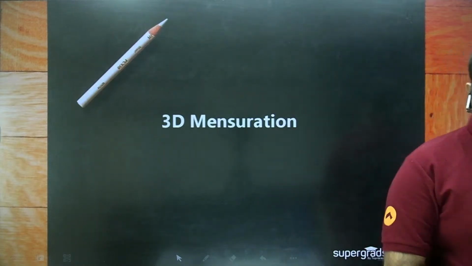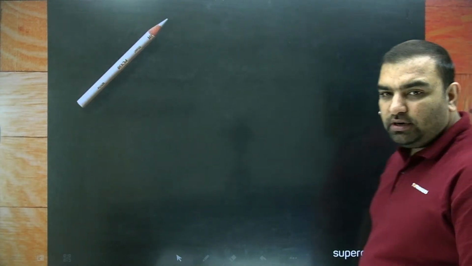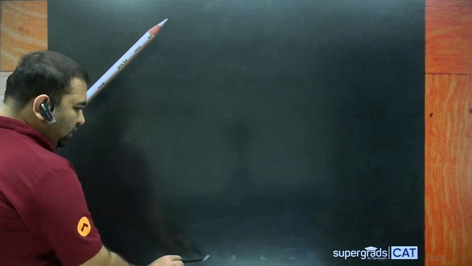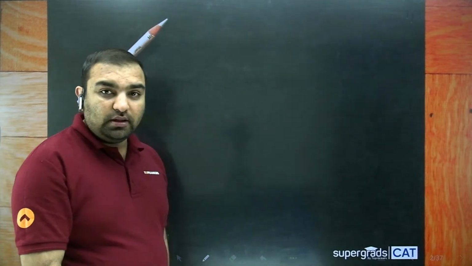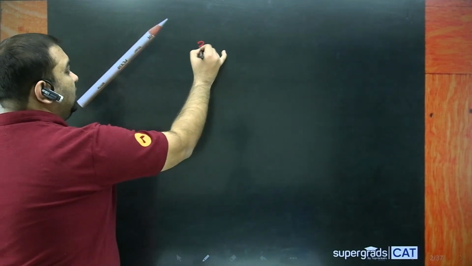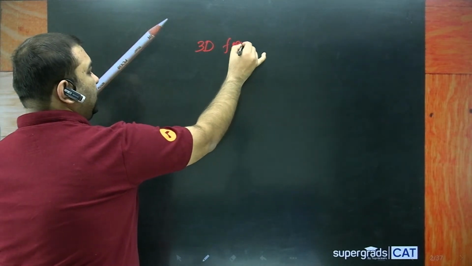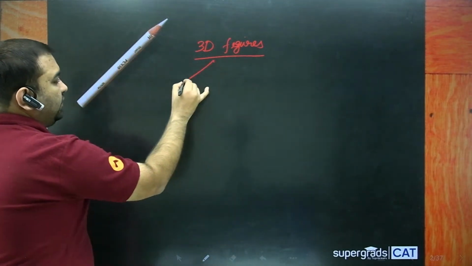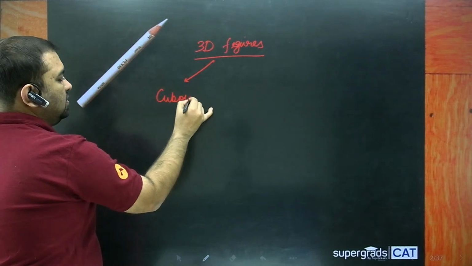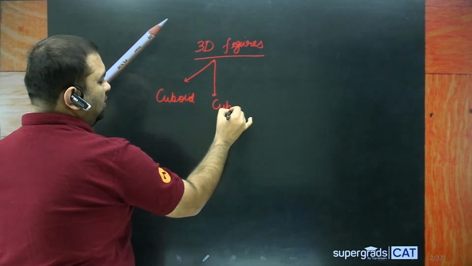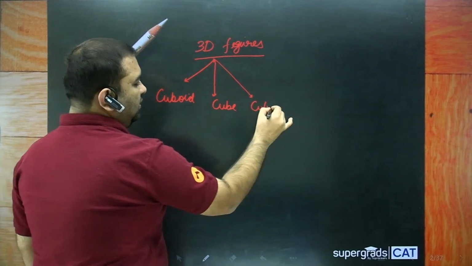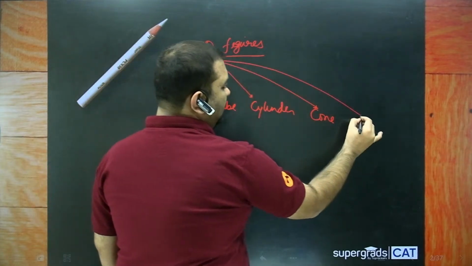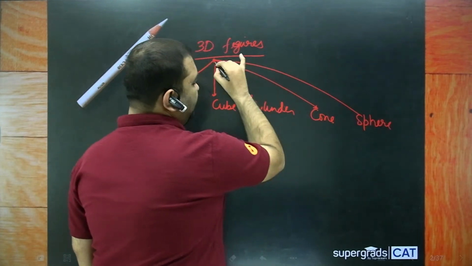Let's see what we are going to cover in the 3D mensuration topic. Let's see the important figures first, what we need to do. What are the topics we need to cover? Majorly the 3D figures which are asked in the examinations are cuboid, cube, then cylinder, then cone, sphere, and hemisphere.